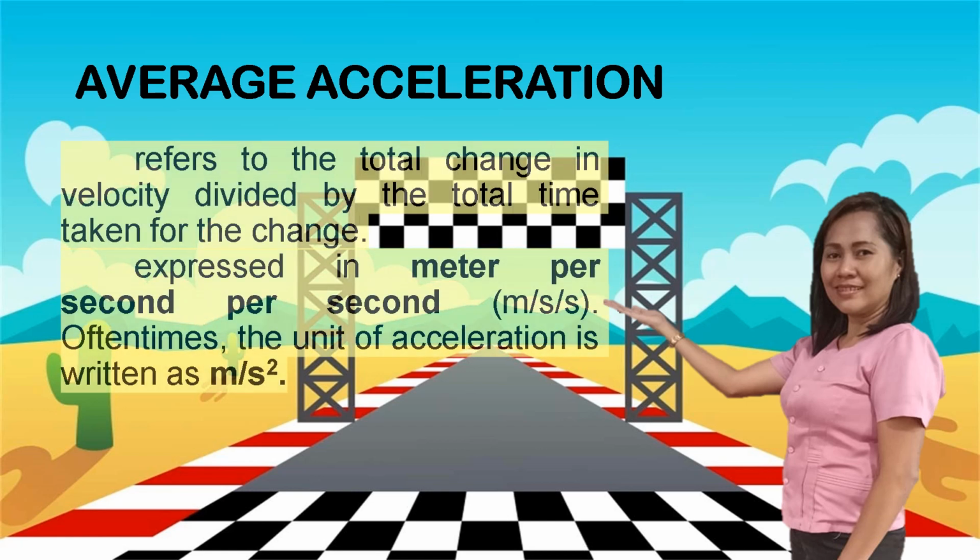Then we have the average acceleration. This refers to the total change in velocity divided by the total time taken for the change. It is expressed in meter per second per second. Oftentimes, the unit of acceleration is written as meter per second squared.